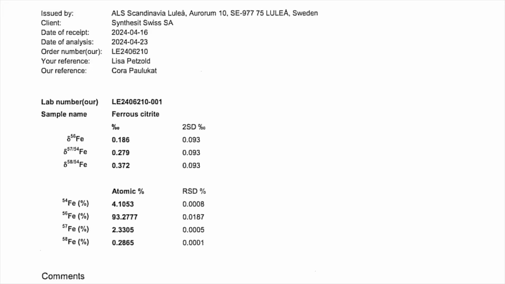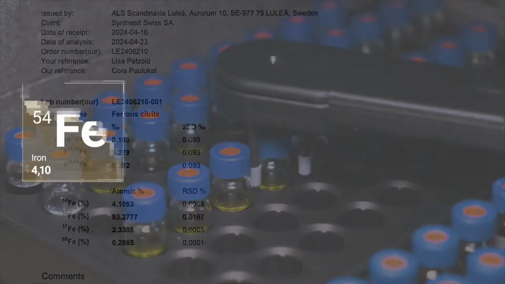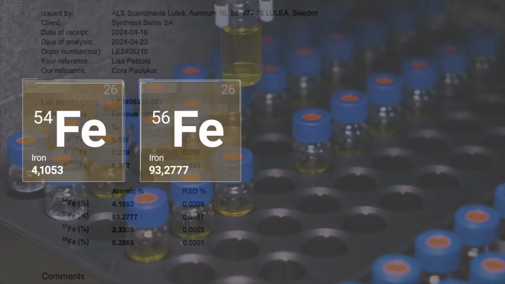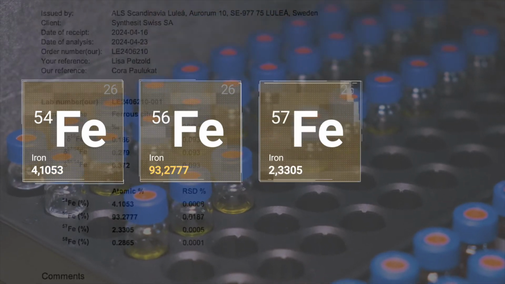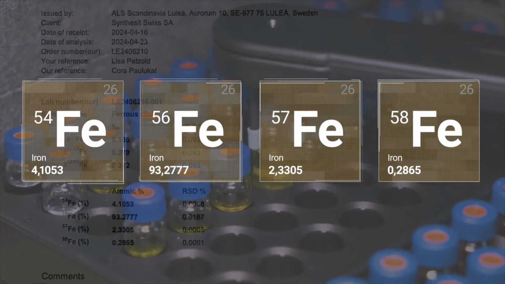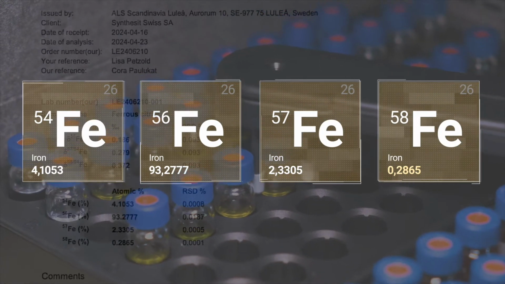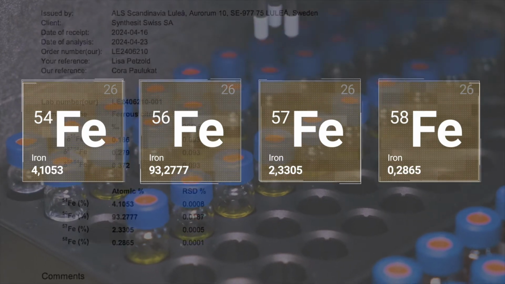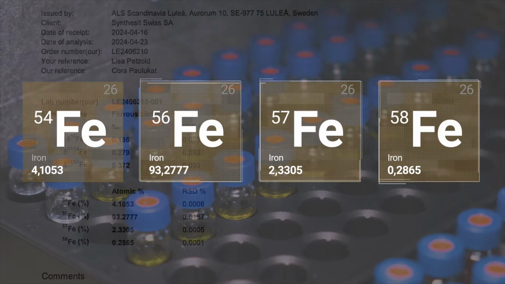So we have isotope 54 at 5.370 percent, the 56th at 91.320, the 57th at 2.269, and the 58th in this batch at 1.044 percent. That is, the ratio of stable isotopes that make up our Synthesit iron is slightly different. That is, this iron is young, it is several billion years younger than any other iron in the solar system.